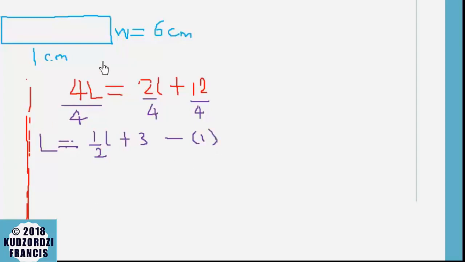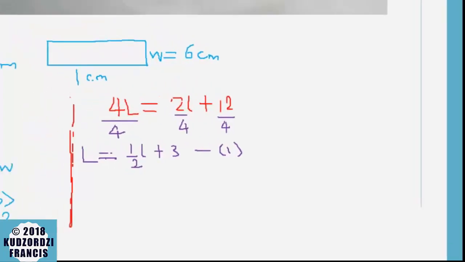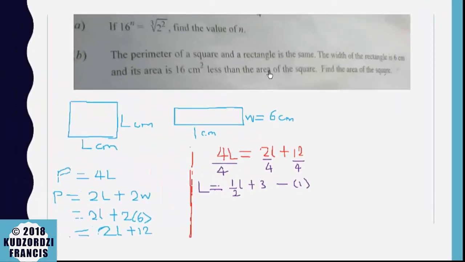Now again, we're told that the area of the rectangle is 60 centimeters less than the area of the square. So let's find the area of each of them. So we are talking about area now. We talked about the perimeter already.